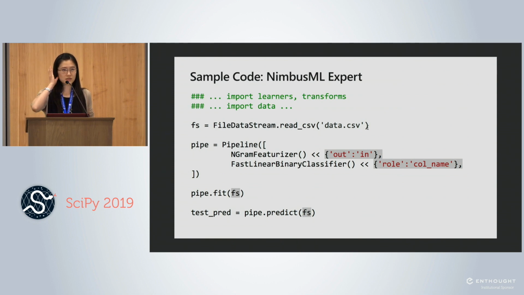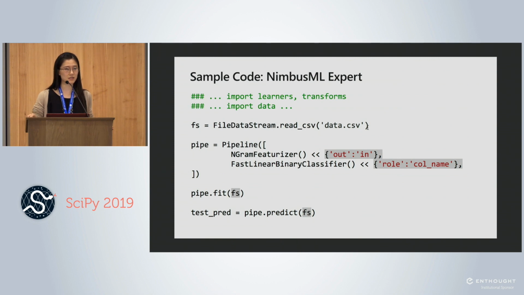Usually, at least what I do in Python, is read the original data from CSV using pandas, like pd.read_csv, or anyway, you load the data into memory. But in NimbusML, you can do the same thing. Yes, we support pandas data frame as well, but we also support something called file data stream. So you can create a file data stream just using FileDataStream.read_csv, and you input your data.csv.